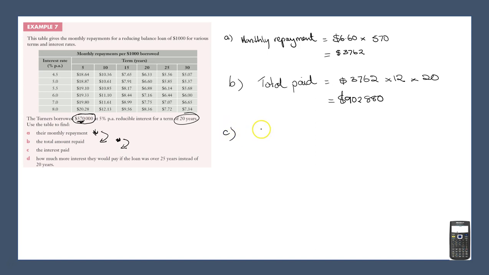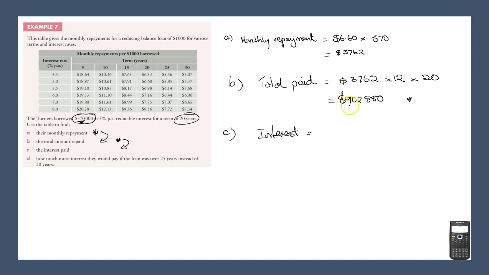Part C asks for the interest, and again, no formula here, just using your understanding. And remember what I said, almost all of these questions with parts, the answer that you'll get to a particular part will be used later in the question. And that's exactly what's happening. What did we just work out here?